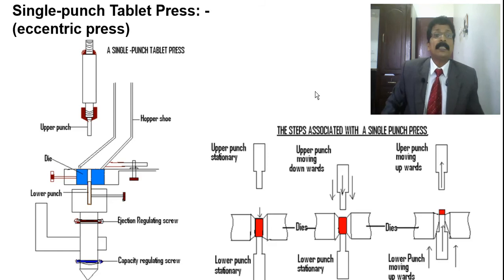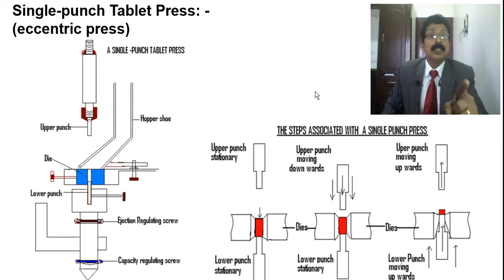So the single punch tablet press is otherwise called an eccentric press also. You can see the picture which I have drawn on the left hand side, the complete picture. A single punch has a hopper shoe or a hopper which contains the powder or the granules for compression, and a blue color which indicates the die, where there is a small cavity.